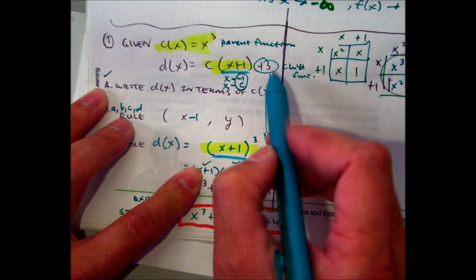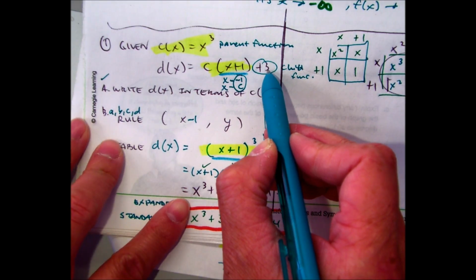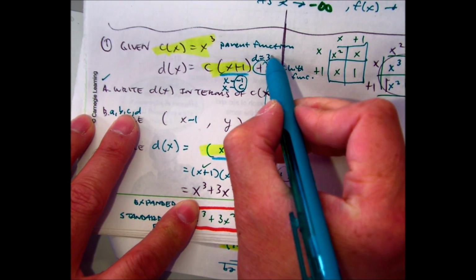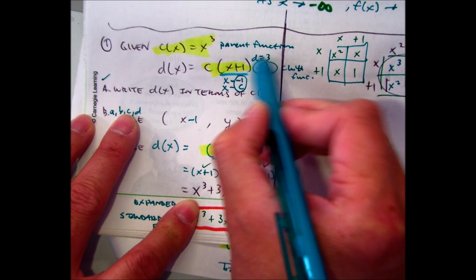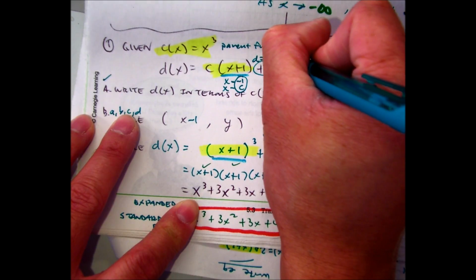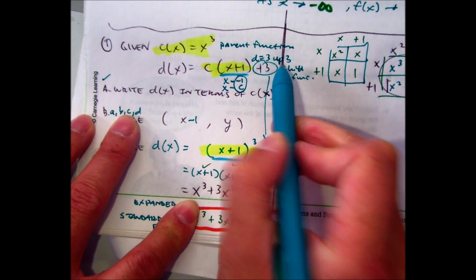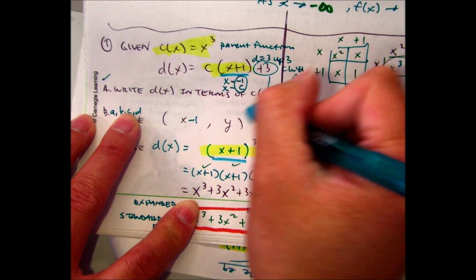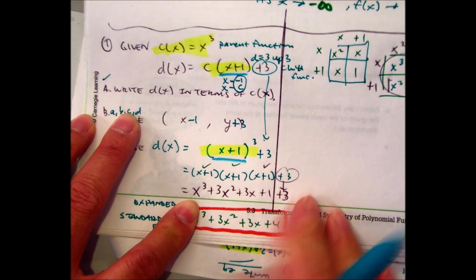And this plus 3 is your what? That's your d value. So your d value is 3. This tells you it goes which direction, class? Up 3. So if it's going up, which axis is that? The y. So I'm going to write a plus 3 here.